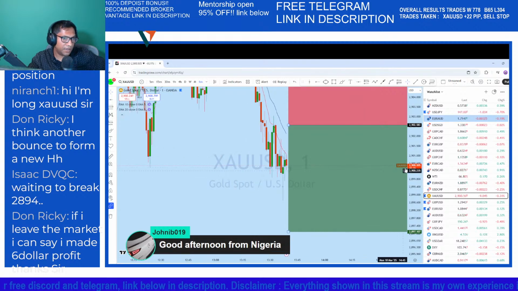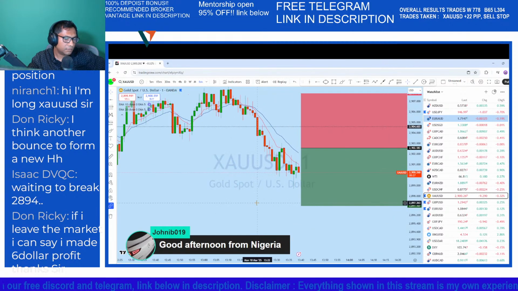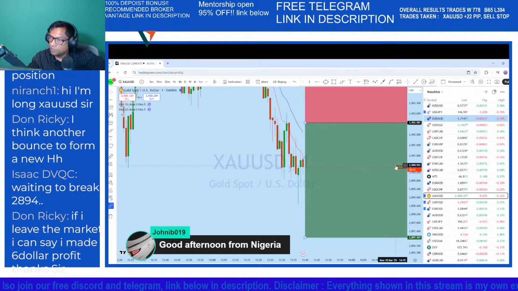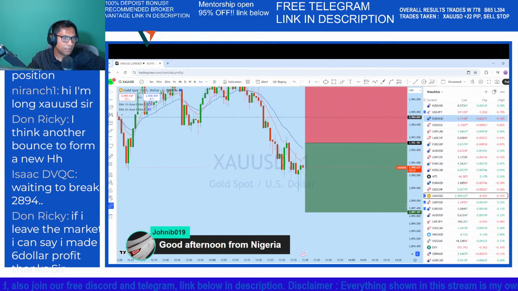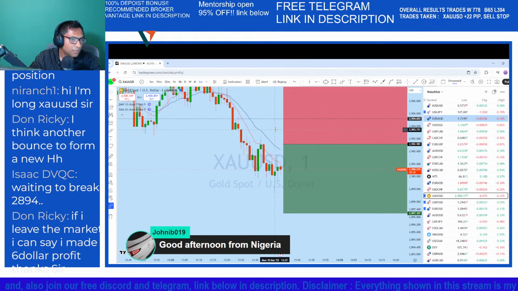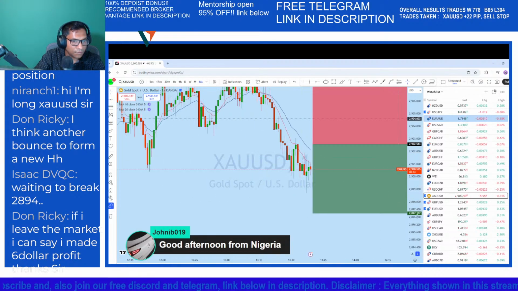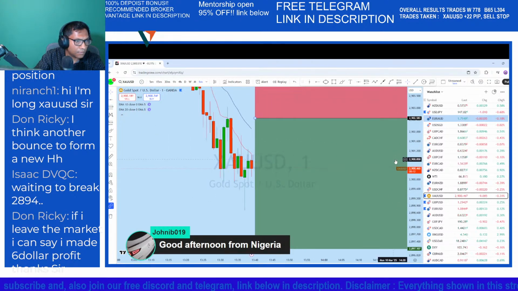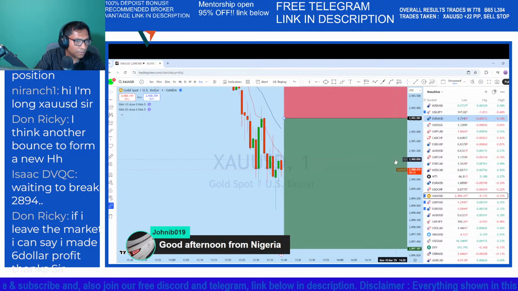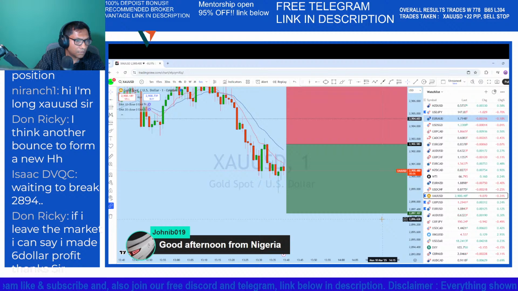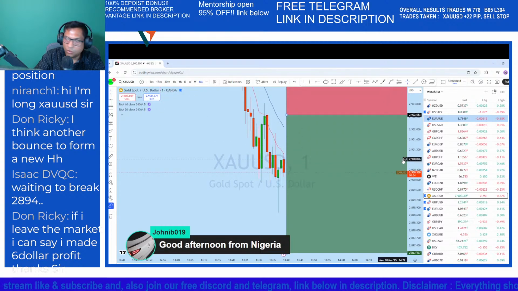Waiting to see it to happen. Would like to see a bearish engulfer formation here.